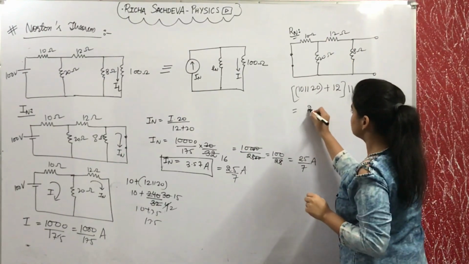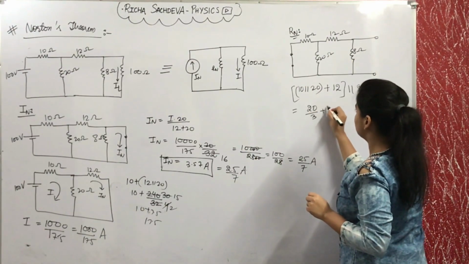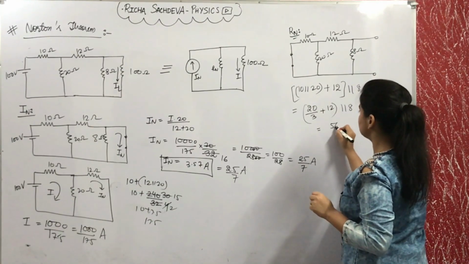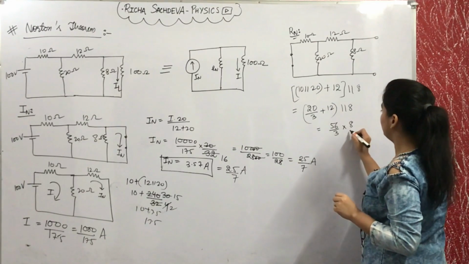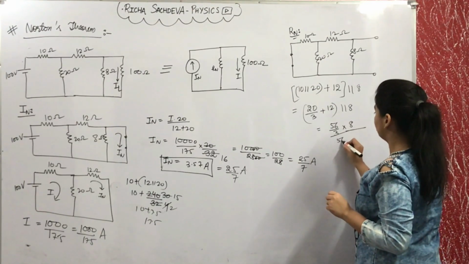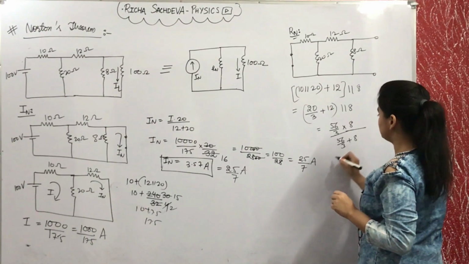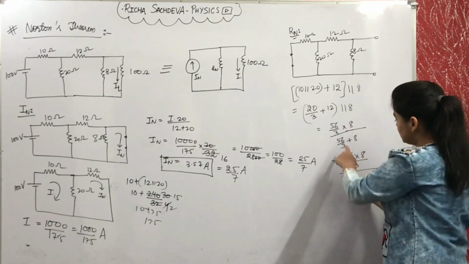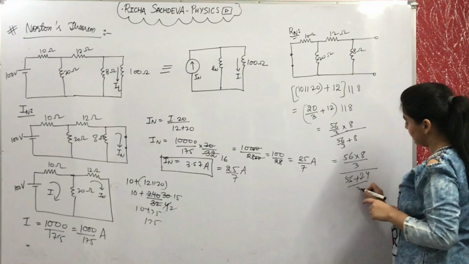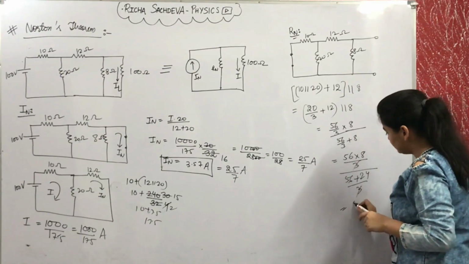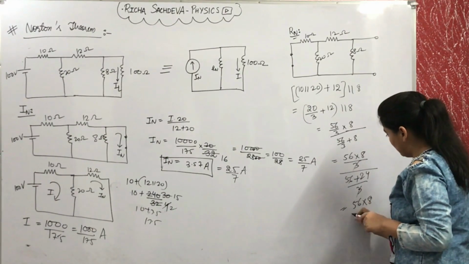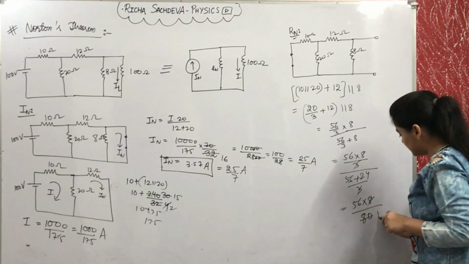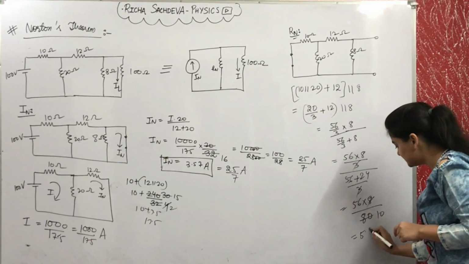So this becomes 20 upon 3 plus 12 parallel to 8. So 56 upon 3 into 8 upon 56 upon 3 plus 8, which becomes 56 into 8 upon 3, 56 plus 24 upon 3, which gives us 56 into 8 upon 80. So this becomes 5.6 ohm.